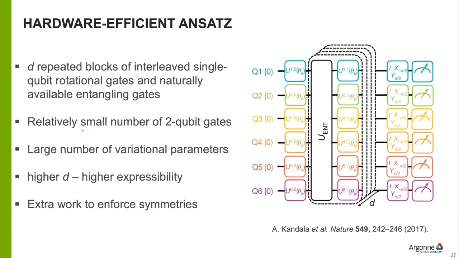So the solution was proposed by the scientists at IBM, where they suggested to use the so-called hardware efficient ansatz, which is basically a certain number of repeated blocks of entangling gates that entangle the qubits, so they have multi-qubit gates such as C-NOTs, and parametrized single qubit gates, and they pick the gates that they include here.